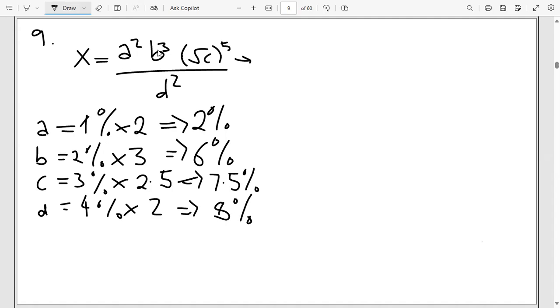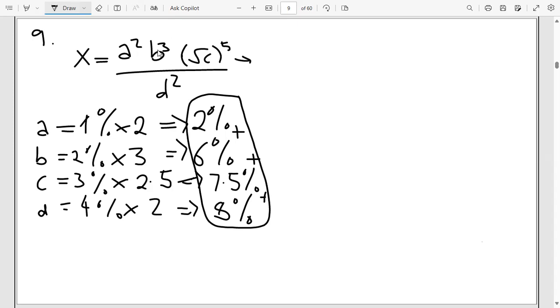So these have been said to contribute equally into the percentage error of X. So what are we going to do? In order for us to find the percentage error in X, we're just going to add the total contributions that we found here. And how are we going to do that? We're going to say 2% plus 6% plus 7.5% plus 8%.